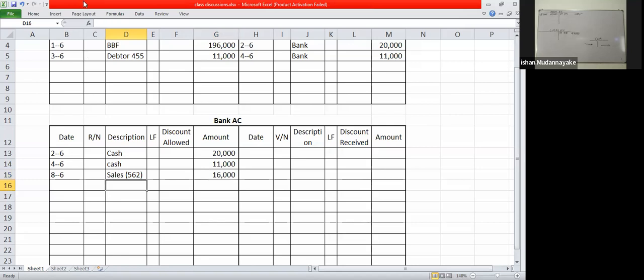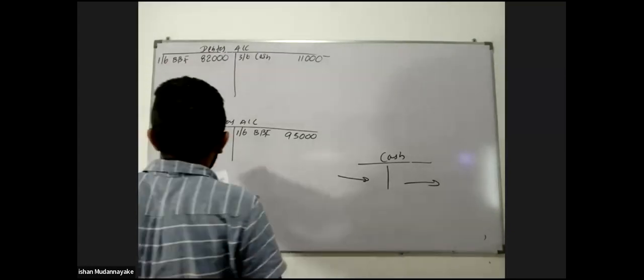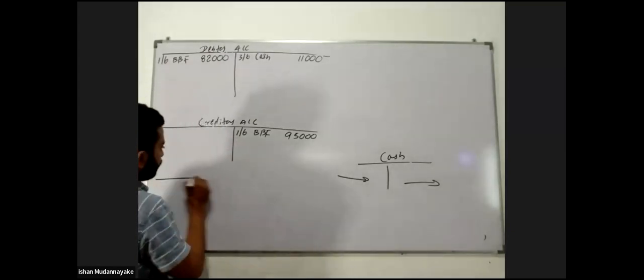Students, bank account debit 16,000, and then sales account credit. Open a sales account. Sales account credit 16,000. Bank account debit, sales account credit.